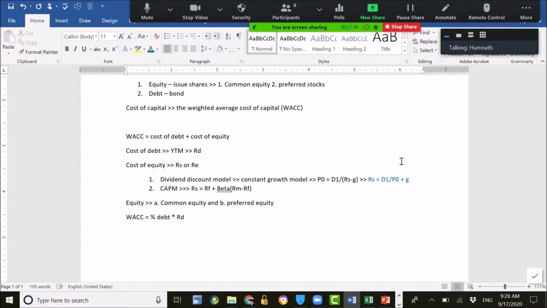Cost of debt, times 1 minus the tax rate.